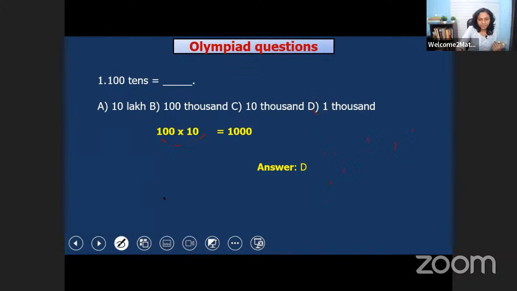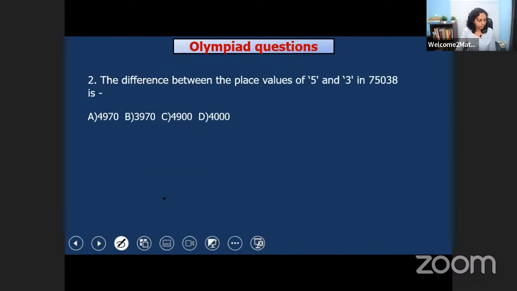So let's solve the next question. Now the next question is the difference between the place values of 5 and 3 in this number. Okay. So try to solve this first, then I will show you the answer.